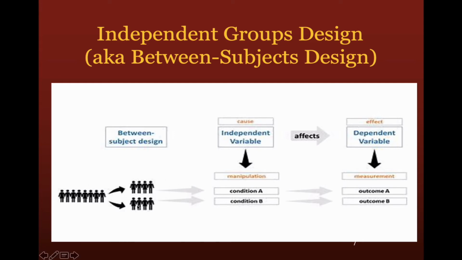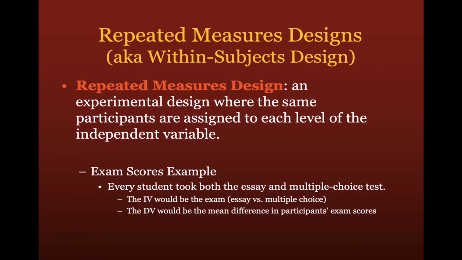You randomly assign them to the different levels of the manipulation. So we have condition A, condition B, and then you want to compare the mean for condition A to the mean for condition B to see if they differ. If they differ, you can attribute that to the manipulation. If they don't differ, then you would say the manipulation of the independent variable had no effect on the dependent variable.